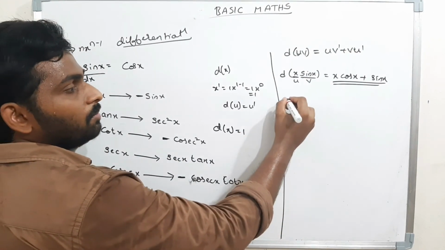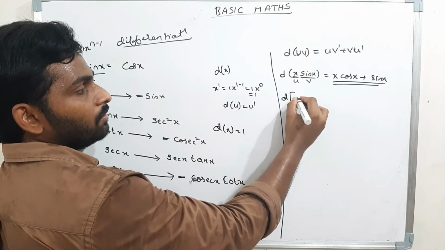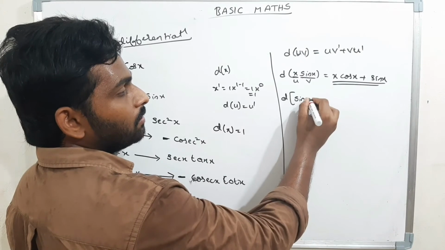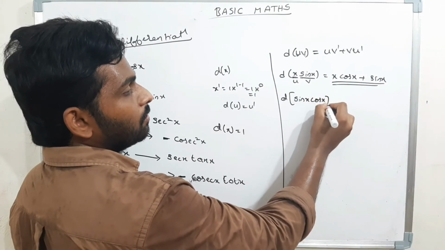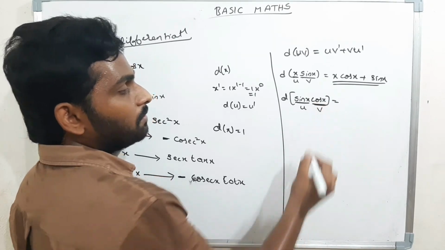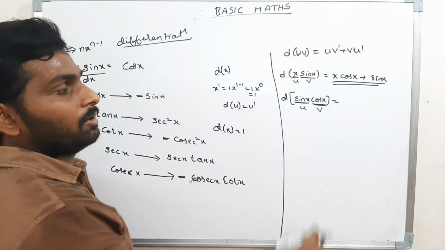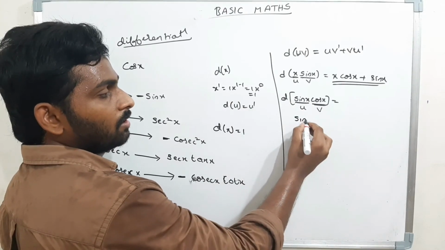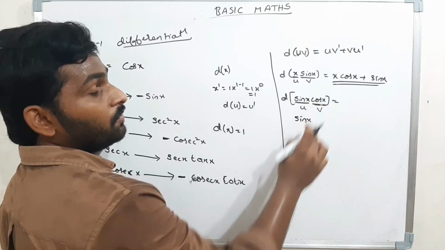Now we will take one more example. Differentiation of sin x cos x. Sin x is U, cos x is V. Now what is the formula? U V dash. That means U is constant, it won't change. Sin x, what is the differentiation of cos x?